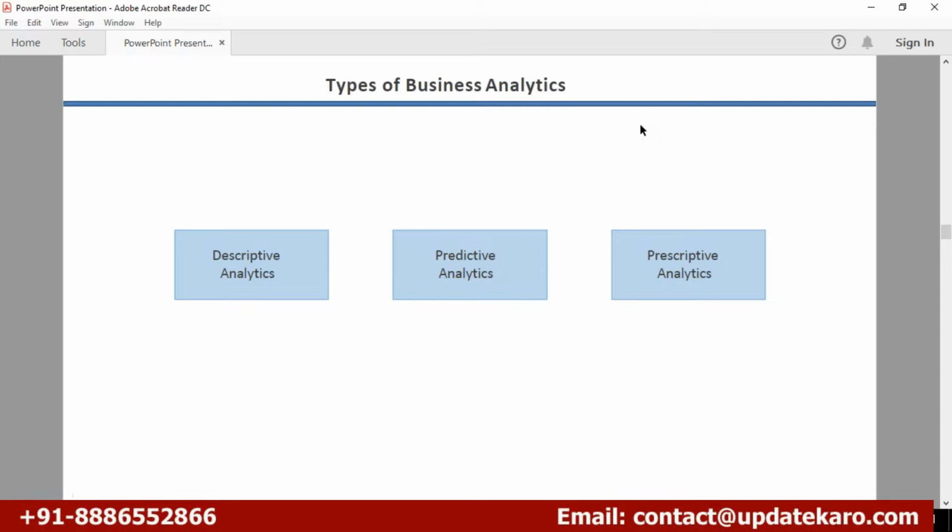Now we understood the patterns, using basic statistics like mean, mode, median, variance, standard deviation, correlation, covariance, coefficient of variation, skewness. With all these basic statistical tools, we are able to perform basic statistical analysis on the data.